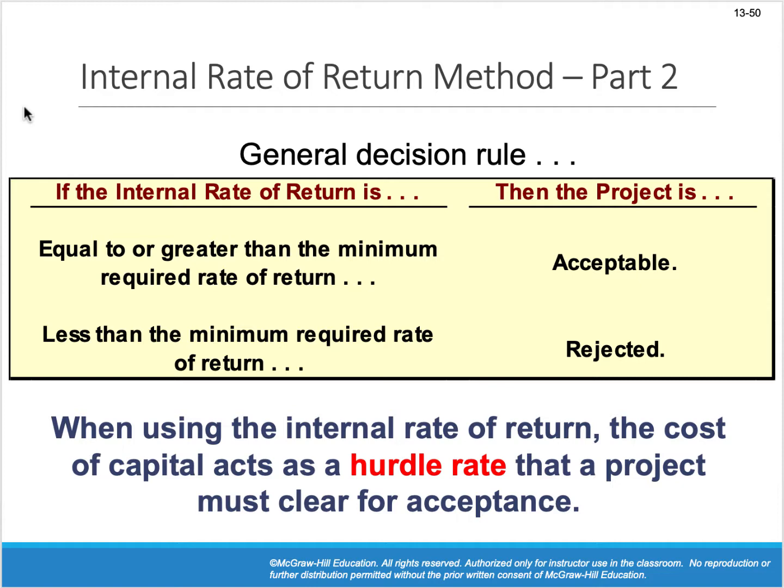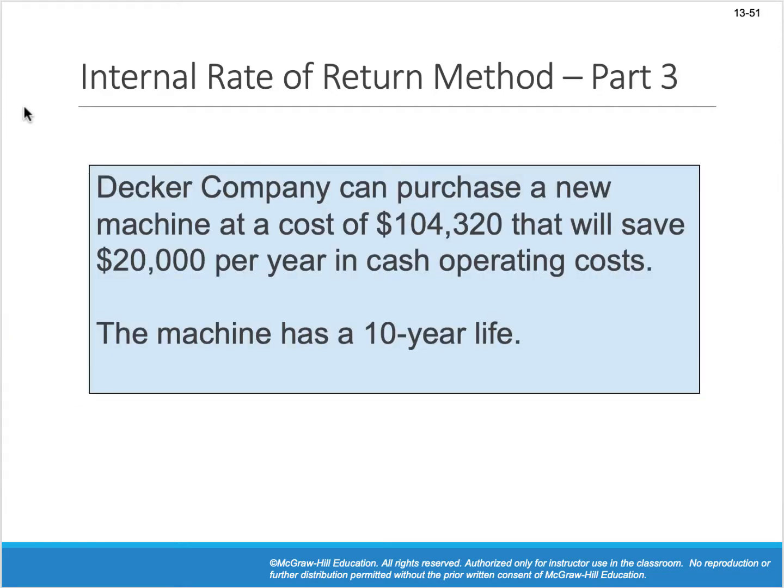Okay, so let's look at a quick example of the internal rate of return. How do we use this? So let's assume the facts that we have here about Decker Company, right? They can purchase a new machine at a cost of $104,320, and if they do this they will actually save 20 grand per year in operating costs.